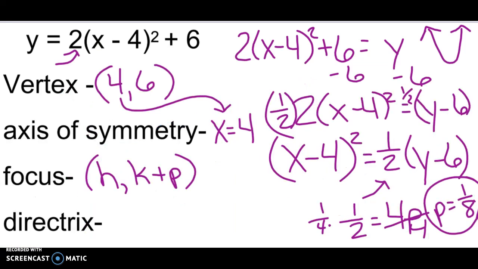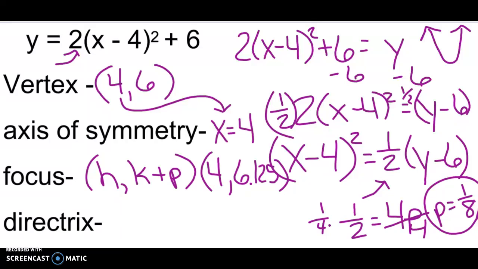So let's plug that in. So our focus is going to be 4 and 6 plus 1/8. You can just do 6 and 1/8 if you want, or you can write it as a decimal, 6.125, or you can write it as an improper fraction. So far we've got our vertex, our symmetry, and our focus.